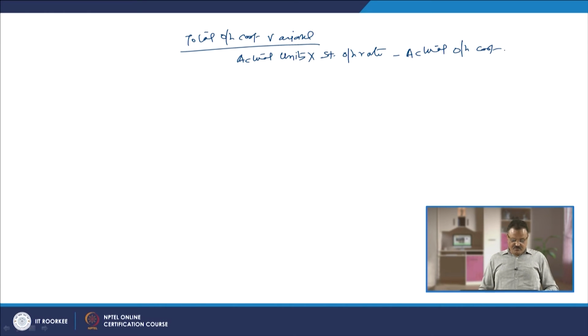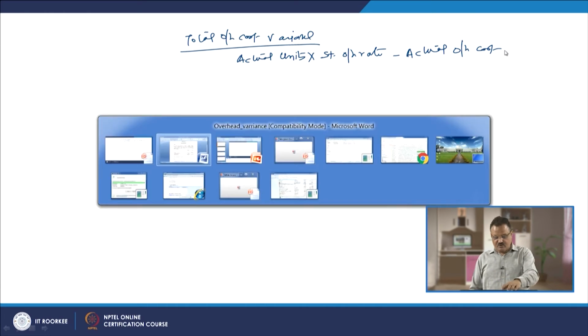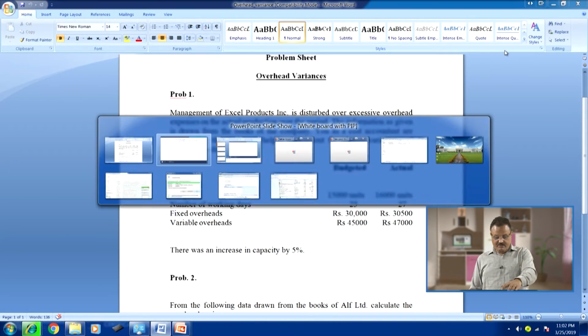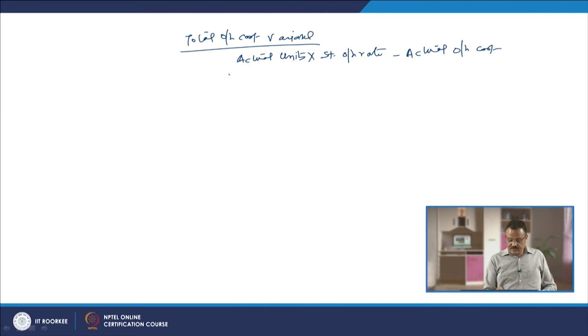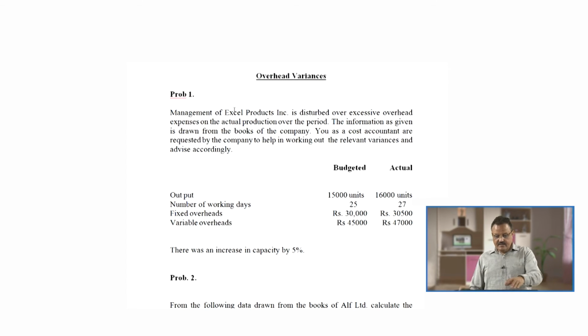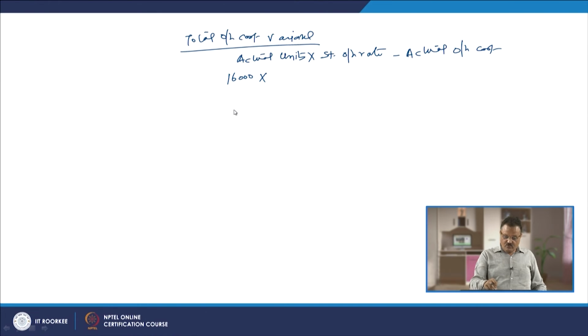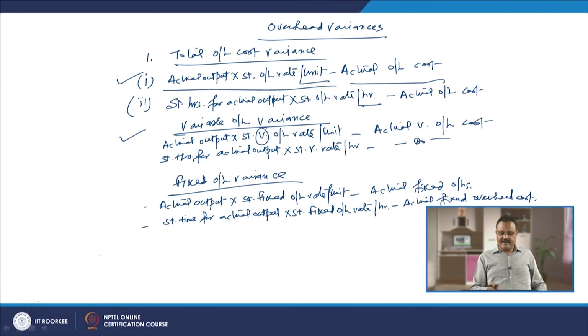Now, what is the actual output? You are given very clearly, the actual output is 16,000 units. So, we will use this 16,000 units and we have to multiply it by something, and for that we have to calculate the standard overhead rate per unit. We have discussed it, that is a standard overhead rate per unit.